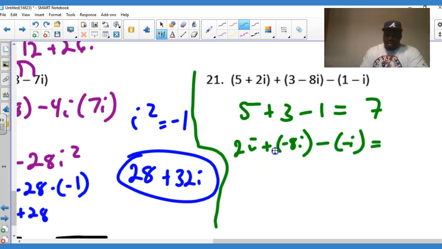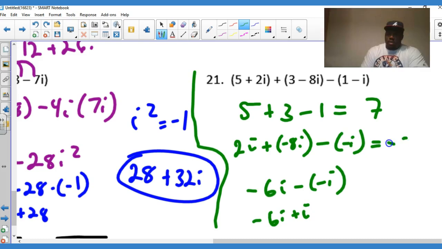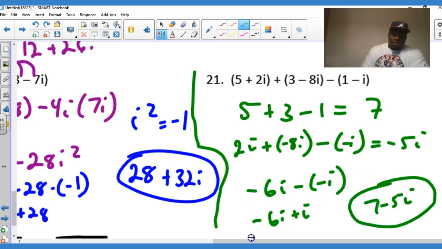So 2i minus 8i, or 2 plus the negative 8, is going to be negative 6i. And then we still have minus a negative i. Well, you know a negative and a negative is a positive. So negative 6i plus i is negative 5i. So you have 7 minus 5i. All right, that's 21.